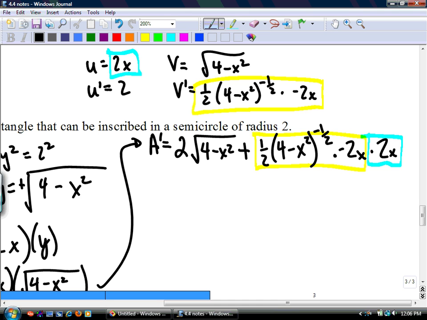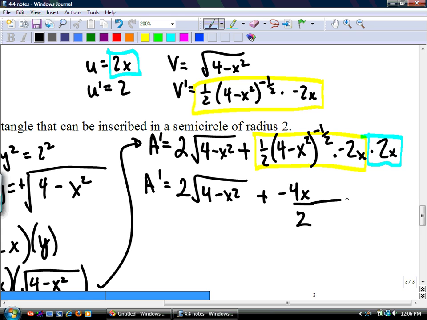Okay, almost ready to clean this up a whole bunch. So you get 2 root 4 minus x squared plus negative 4x over 2. 4x squared, yeah, good call. Over the root of 4 minus x squared.